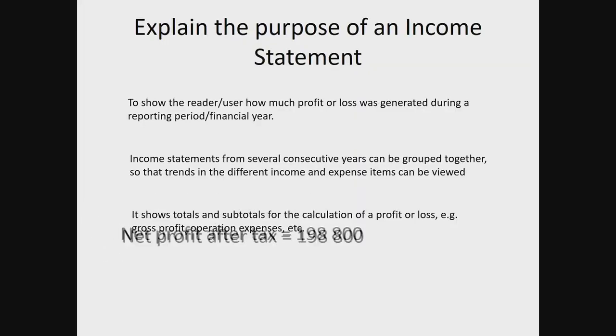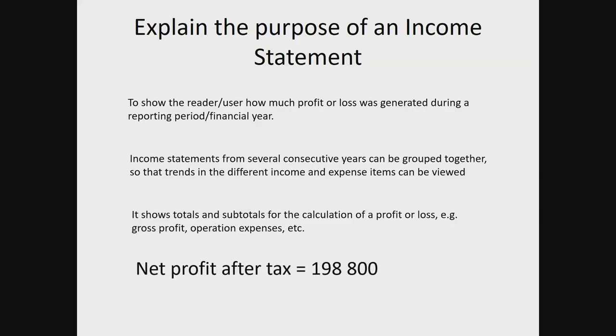Okay, then learners, before we move on to the actual income statement and the calculations that we're going to show you, in your workbook, the very last line in the income statement, there's just a correction that you have to do for me, please. Okay? It was a misprint. It will just be that the net profit after tax should be 198,800 and not what is shown in the workbook as 998,550.